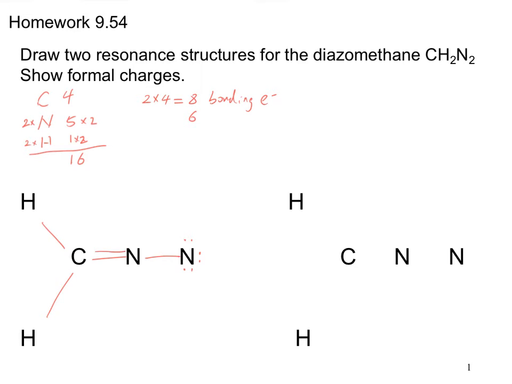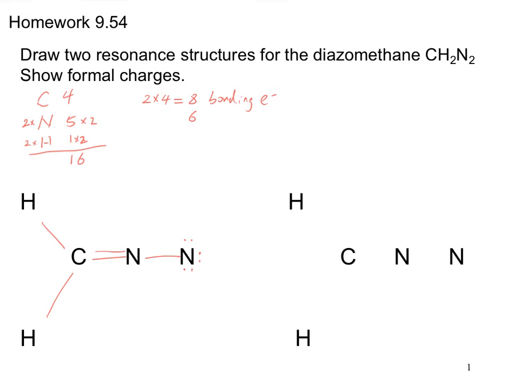Let's check again. Carbon is good with 4 bonds. Nitrogen has only 3 bonds, and the terminal nitrogen has 3 lone pairs. 1 bond is good, but we need 2 more electrons here. So we think, why don't we put 2 electrons from this nitrogen and share between them? Okay, now let's do it.